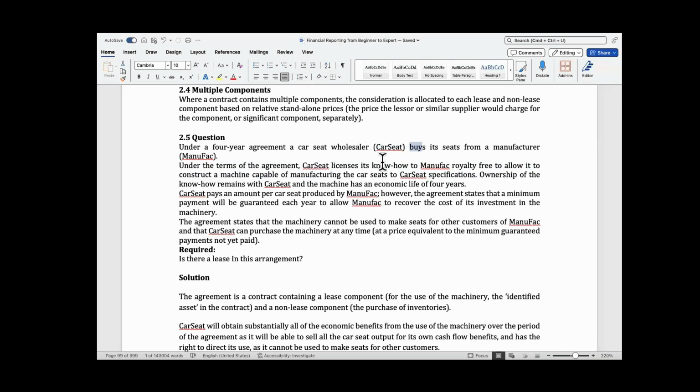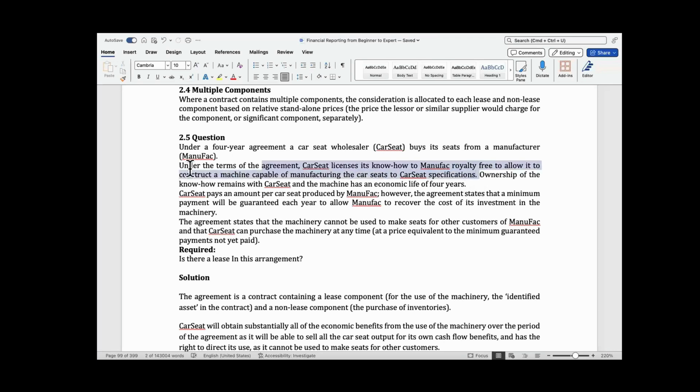So I think he knows how to manufacture a machine that will be capable of manufacturing the car seats the way he likes it, in his own specification. And that's what they are telling us here, that Car Seat gave the know-how to manufacture, and it's free. So he gave it for free, so that the manufacturer can construct a machine that will then be able to manufacture those car seats the way he wants it, to his specification.